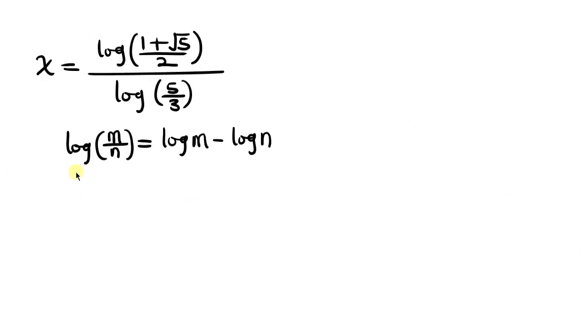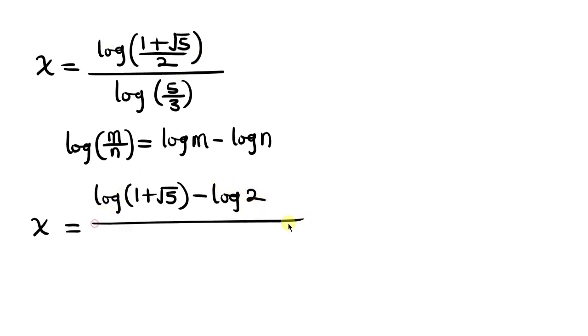So applying this law on the numerator, we have x to be equal to log of 1 plus the square root of 5 minus log 2. That's for the numerator, all over. Now on the denominator, this is log 5 minus log 3.